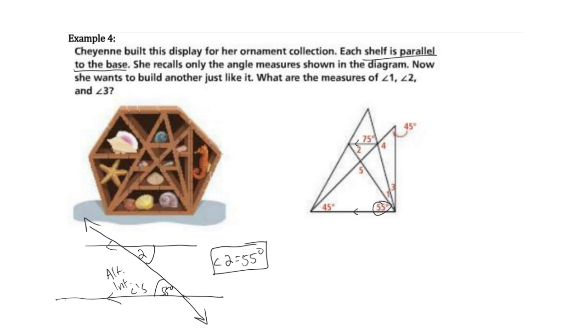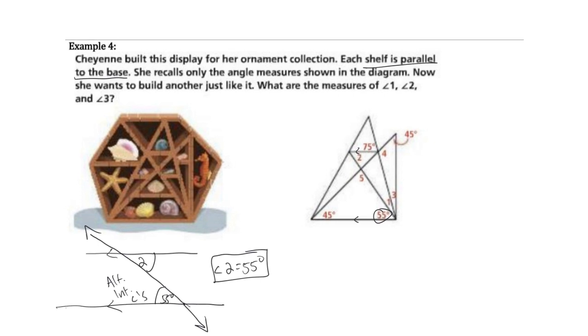All right, next, let's solve for angle 1. For angle 1, I'm going to pull out the two parallel lines again, and then we have a line going here to here.